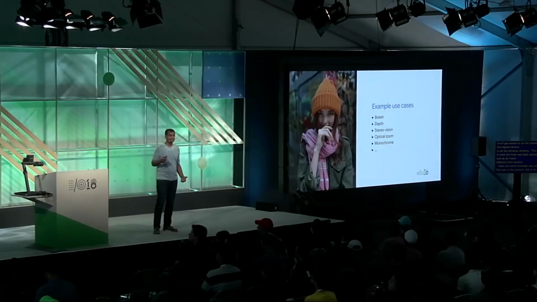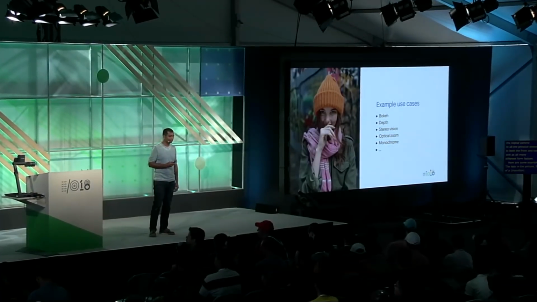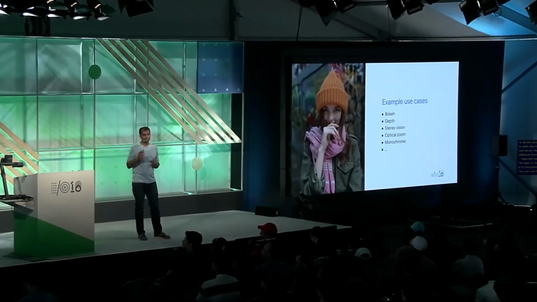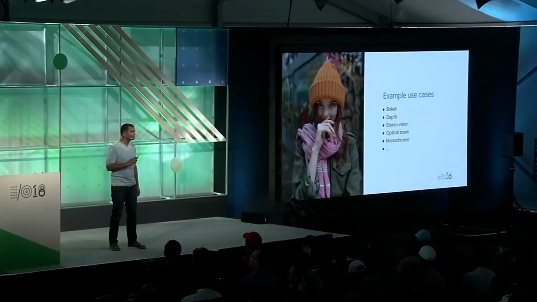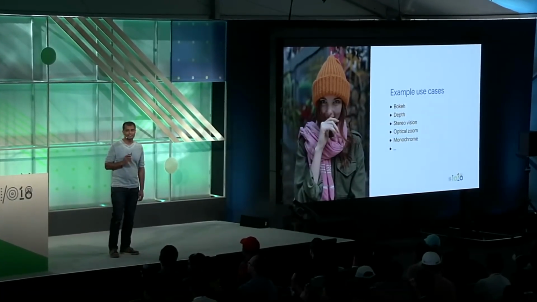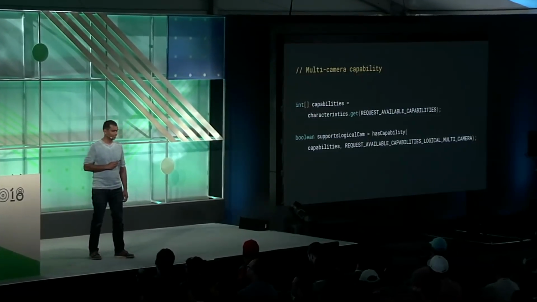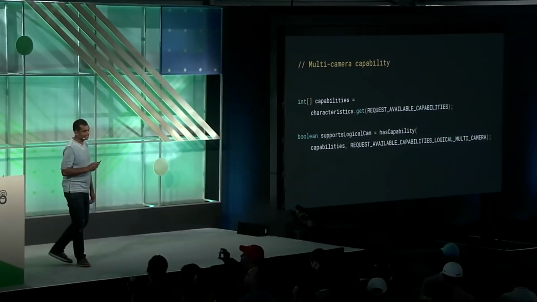Here are some example use cases. The lady in the picture, this is an image of a bokeh mode. You can use this new multi-camera API for depth, optical vision, getting monochrome frames directly from the sensor, and many more. But most of all, we're excited of the use cases that you guys are going to build. So let's walk through this API real quick. The first thing you would do is check the camera characteristics and check if the device supports the logical multi-camera API.